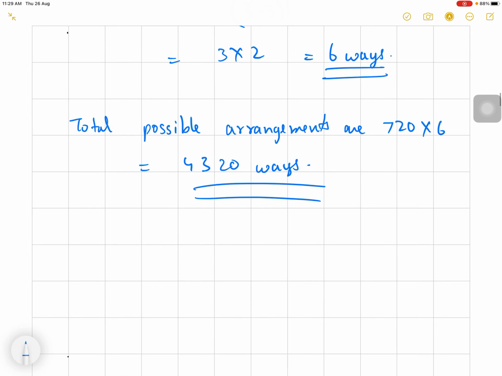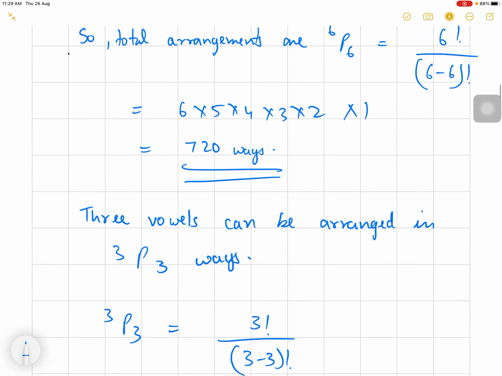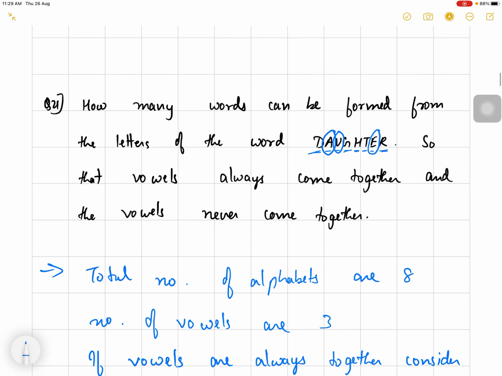Now you are supposed to find when vowels are never together. Okay. Let us see how many ways the word daughter can be arranged. When you see the word daughter, there are 1, 2, 3, 4, 5, 6, 7, 8. There are 8 letters, right?